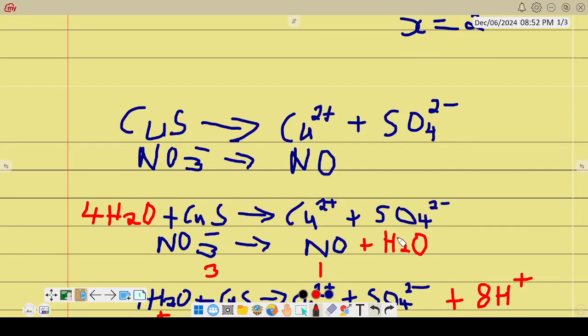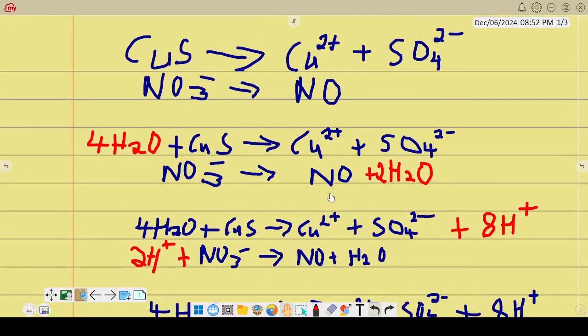To balance, we're not going to say we put 1 water molecule. We have to put 2, so that 2 plus 1 is 3. So we put 2 water molecules, so that 2 plus 1, it's balanced. Please, I hope you are writing this somewhere so that you can easily follow.